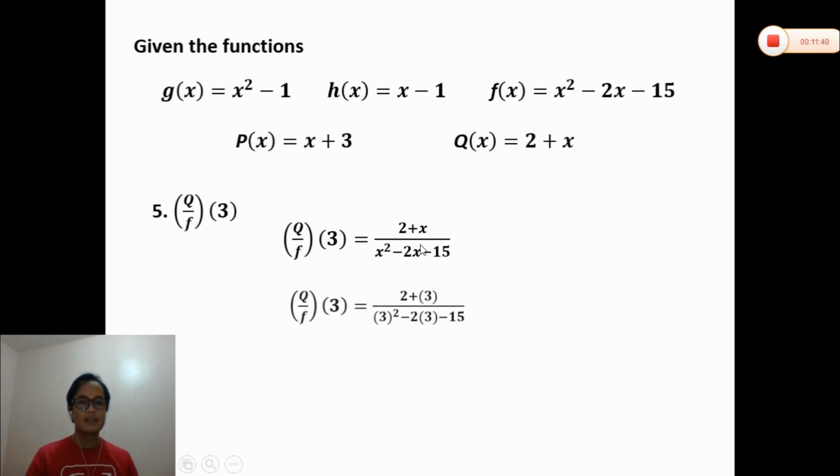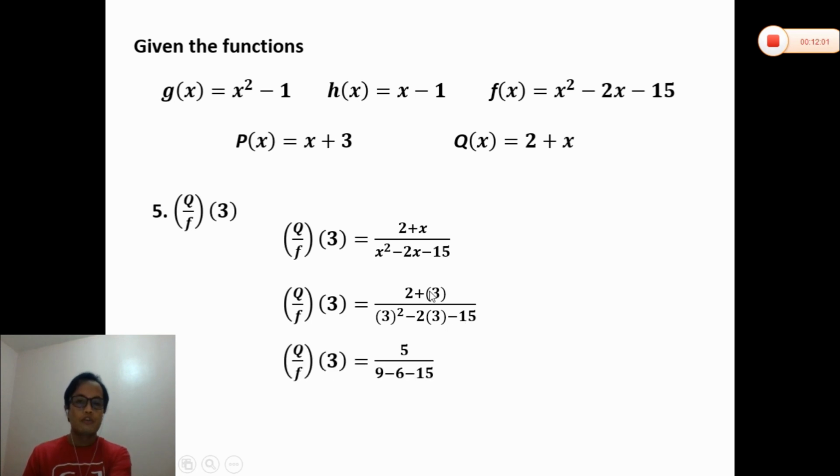So that gives us 2 plus 3. Then over, this is x squared, so change that with 3, so that becomes 3 quantity squared. Copy negative 2 times 3 minus 15. Then we simplify. 2 plus 3 is 5. Then the square of 3 is 9.